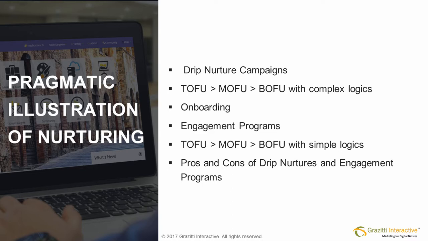I'll just talk about the key elements, the key features we have in here, and I have some videos which will illustrate the very important features of the engagement program. And if we have a complex setup, how we can build complex and custom logics in drip nurture.